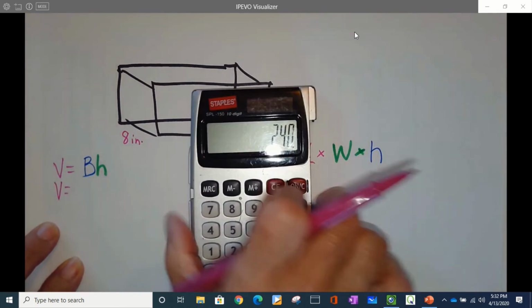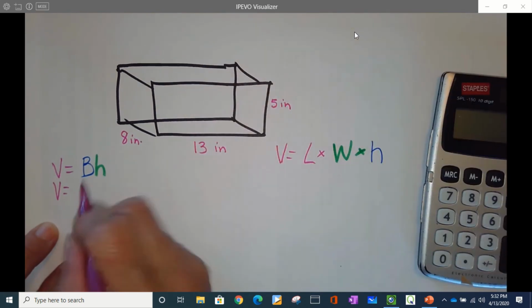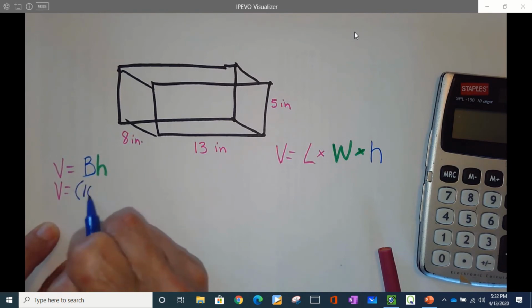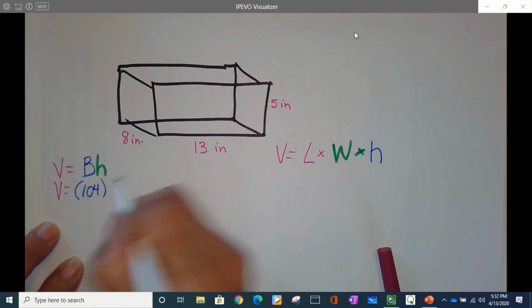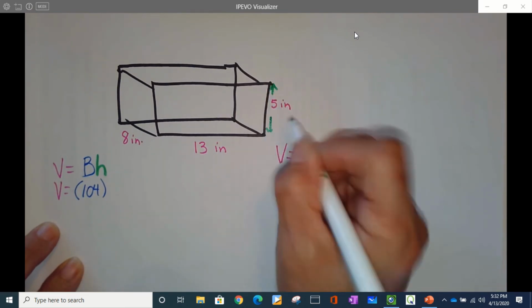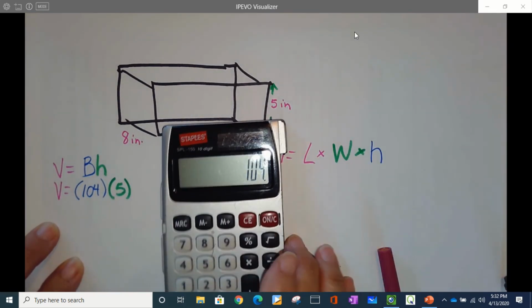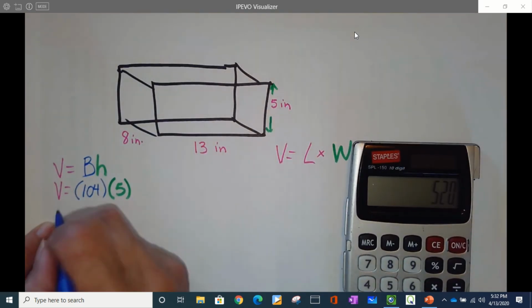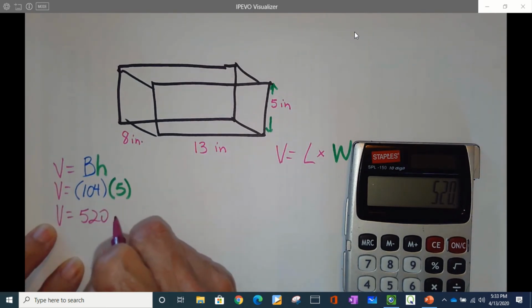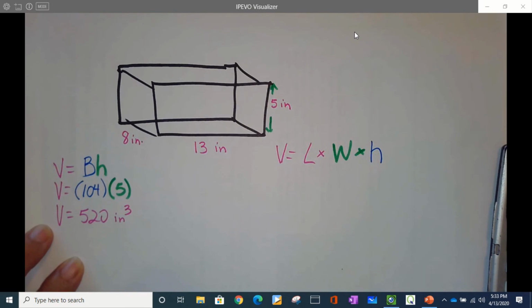So 13 times 8 equals 104. So this is 104, and my height is 5, because this is where my height is going up and down. Let's multiply 104 times 5 equals 520. And because it's volume, it's 520 inches cubed.